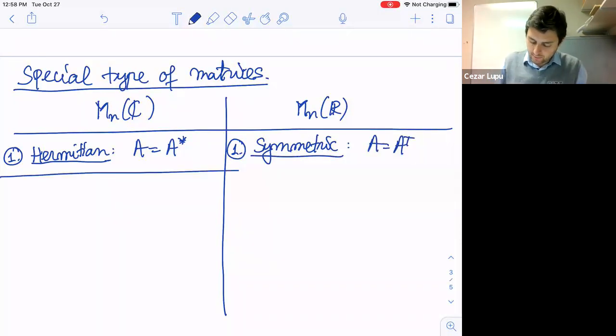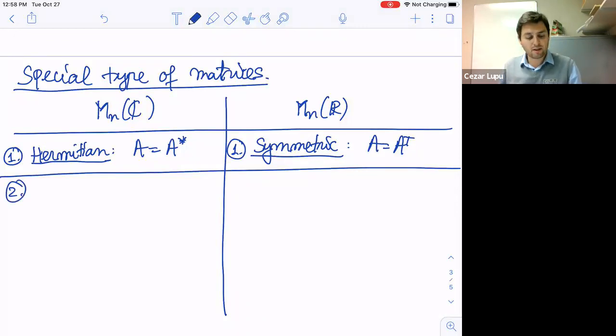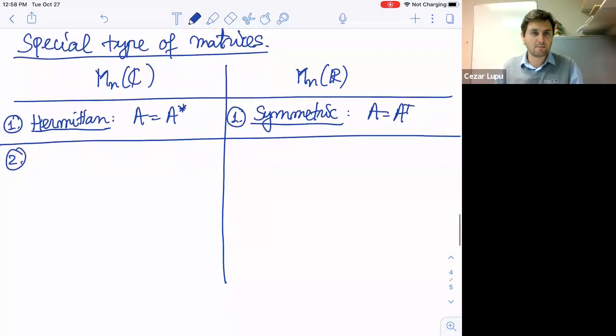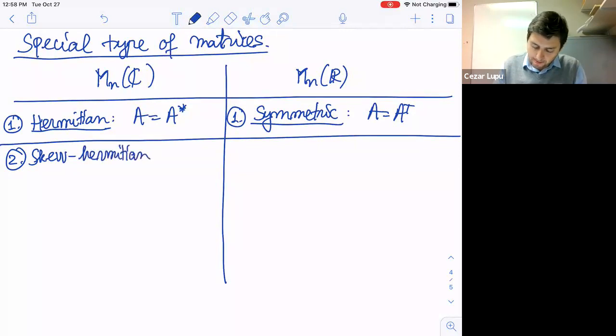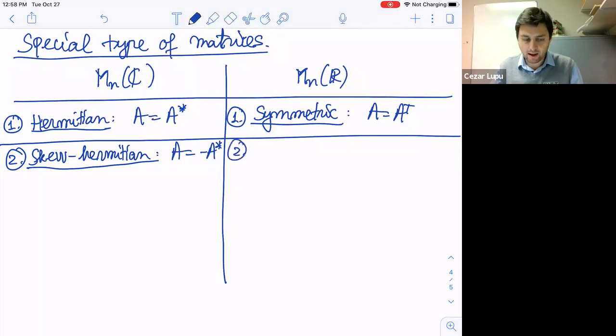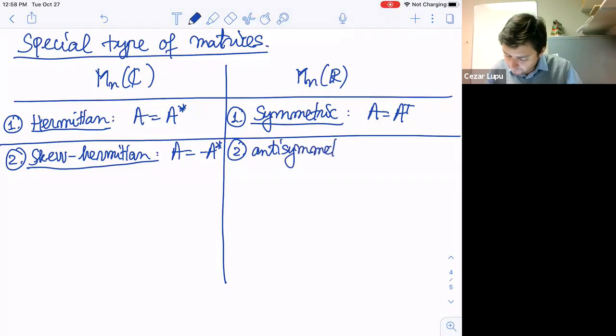Now, this is the first type. Now the second type, maybe I should have drawn another chart to say a few things about the eigenvalues, but maybe I'll say it separately. The skew Hermitian, which means that A is negative A star, and here it's called antisymmetric, which, as you can imagine, means that A is negative A transpose.